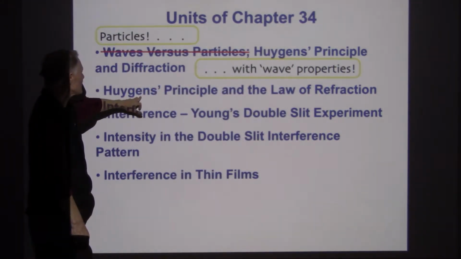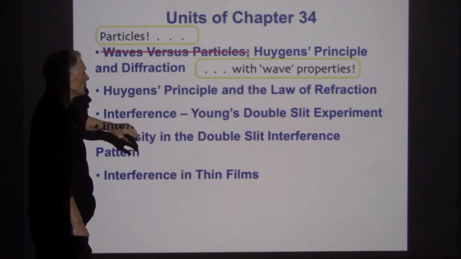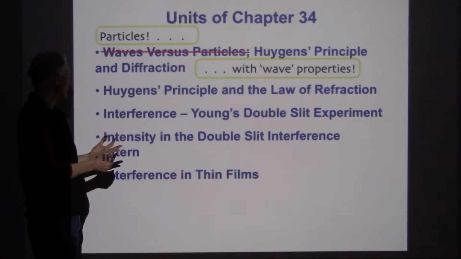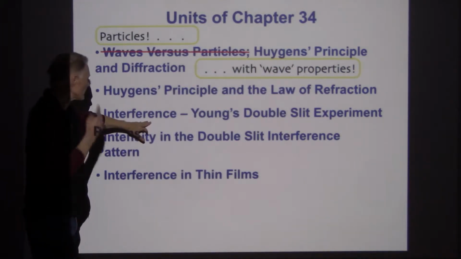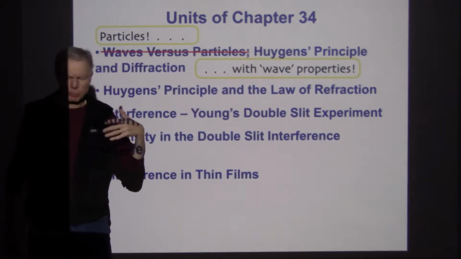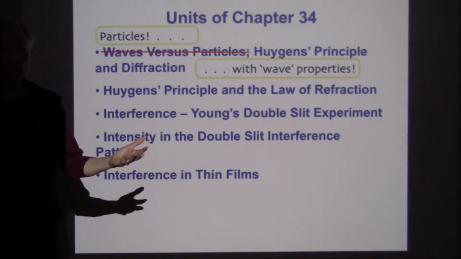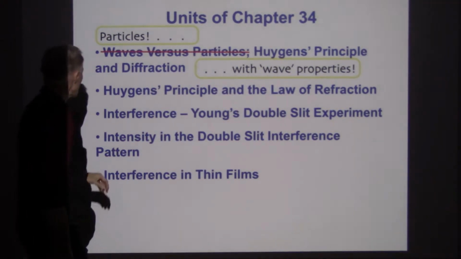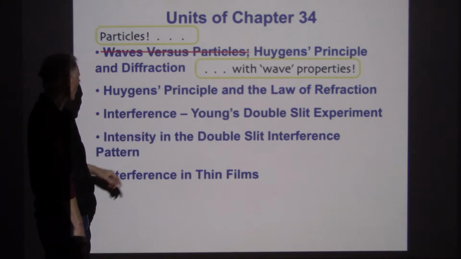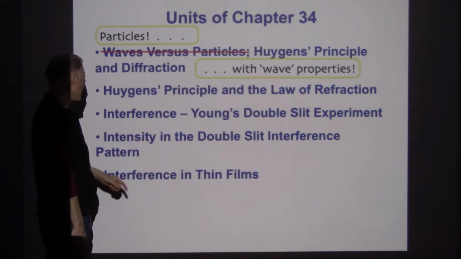So Christian Huygens was able to explain refraction, reflection, and interference effects. Young ended up doing a series of experiments. This brings us into like 1800, so maybe 100 years later, a series of interference examples. We're going to take a look and see what that means.